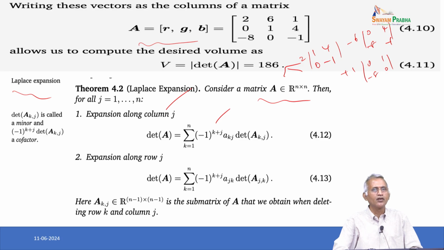The expansion along row j gives determinant of A equal to the summation over k equal to 1 to n of minus 1 whole power k plus j times a_jk times the determinant of A_jk. Here A_kj in R power n minus 1 cross n minus 1 is the submatrix of A that we obtain when deleting row k and column j.